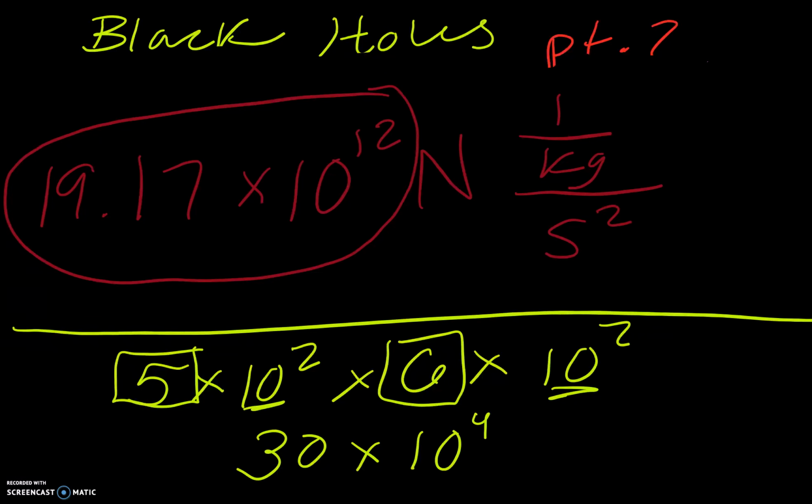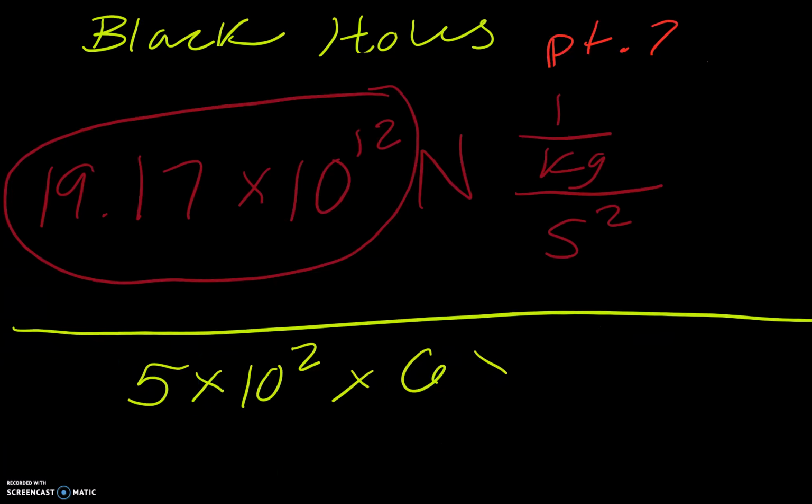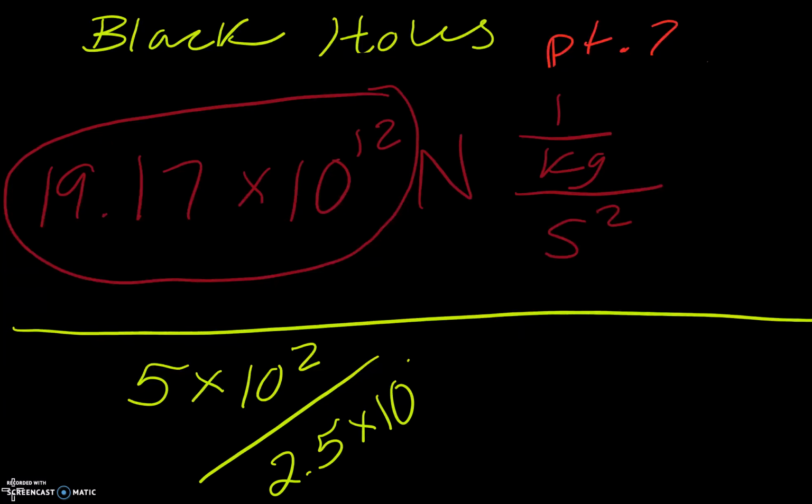And then when I'm dividing, say you were doing the same problem, you're doing 5 times 10 to the second divided by, I don't know, 2.5 times 10 to the second. So when you're doing this, you're just going to do the same thing. You're going to divide these.